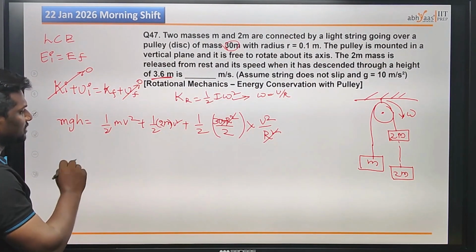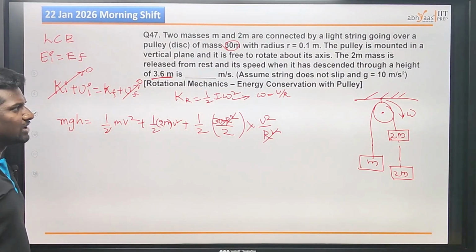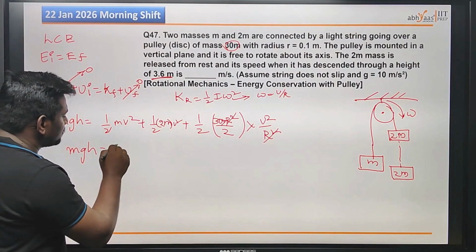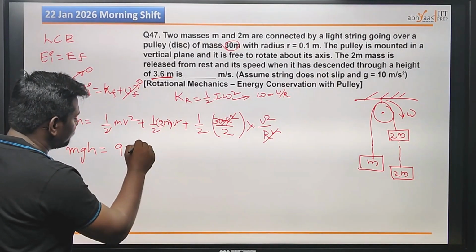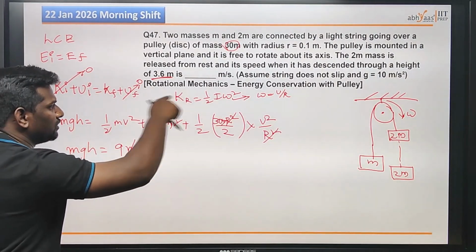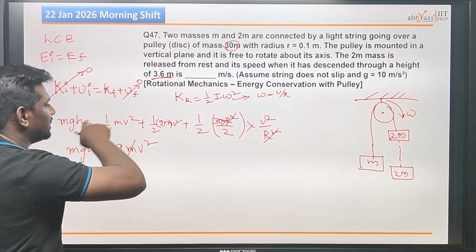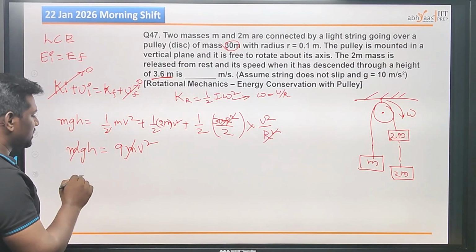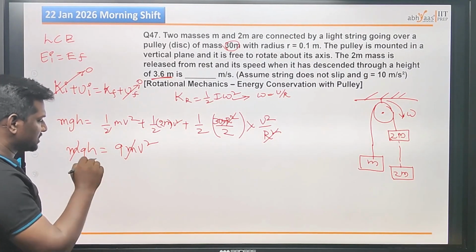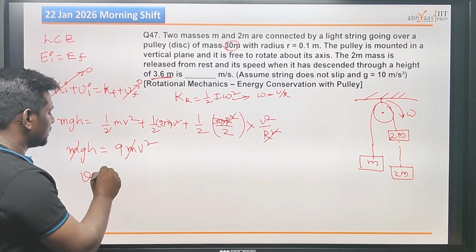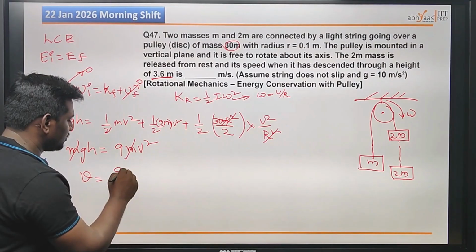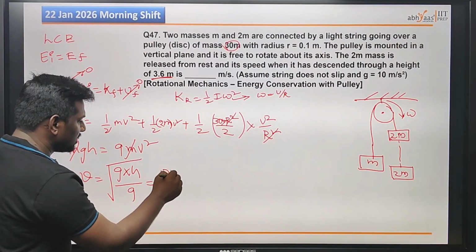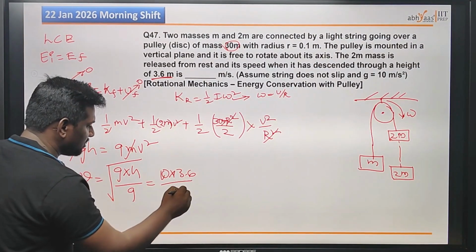So if you find out velocity, mgh equal to 9 m v square. If you cancel out everything, m gets cancelled. You must have v square, that is nothing but g into h by 9. That is g is nothing but 10, h is nothing but 3.6, by 9.